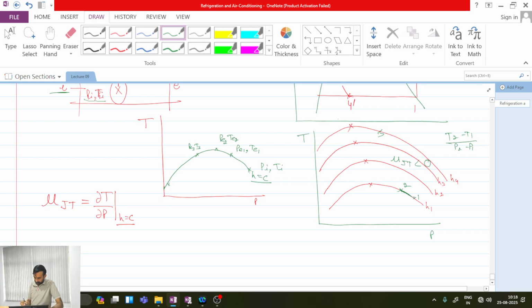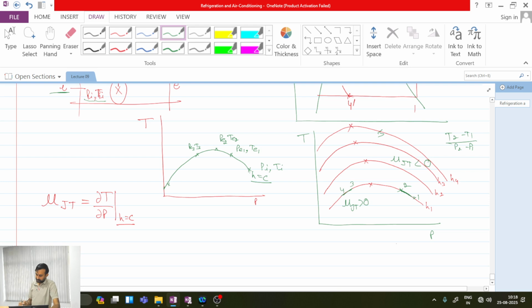Okay, and on this side what I have, mu Jt is greater than 0. If I take any points, say 3 and 4 over here, mu Jt will be greater than 0 because both temperature and pressure are decreasing.